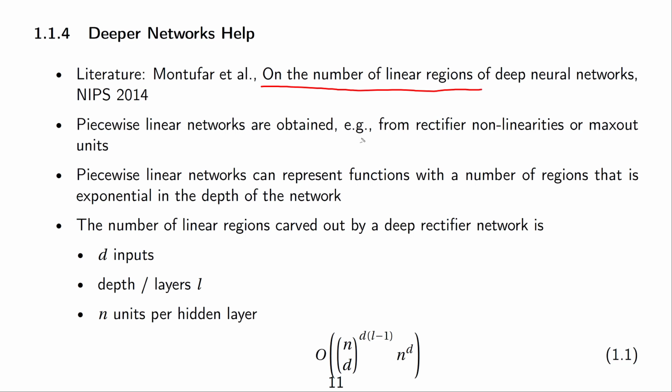So these piecewise linear networks are obtained from ReLU or maxout nonlinearities. And these networks can represent functions with a number of regions that is exponential in the depth of the network. So that says that depth definitely helps for creating more and more linear regions.